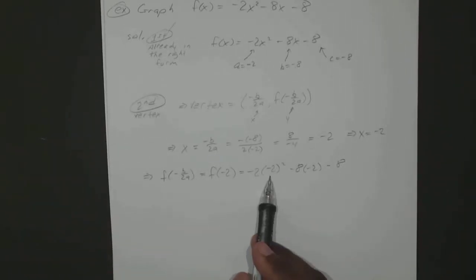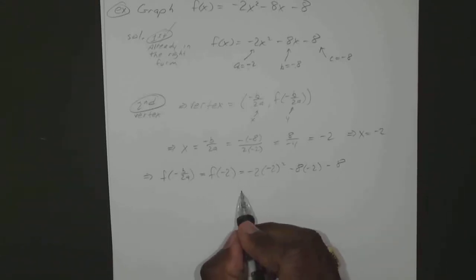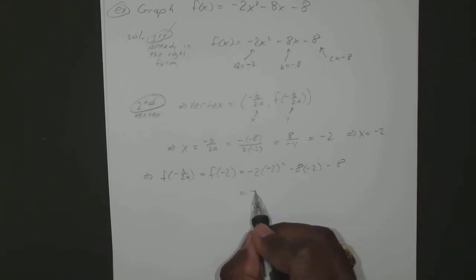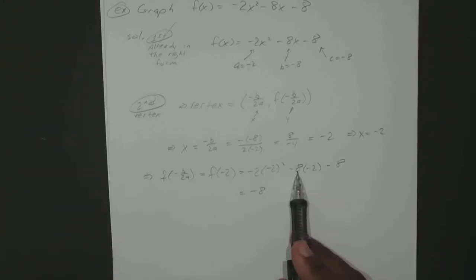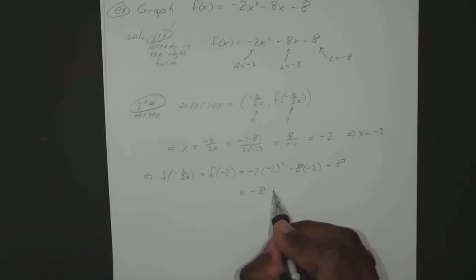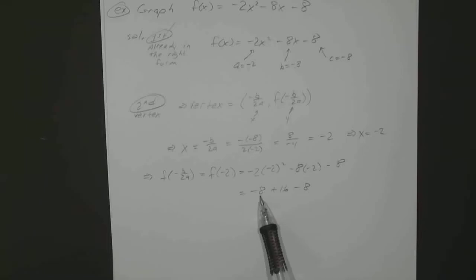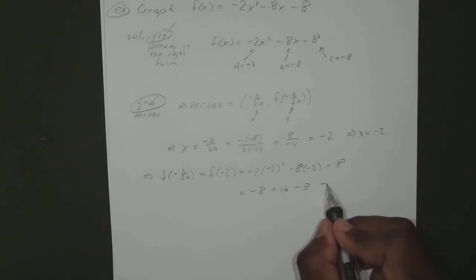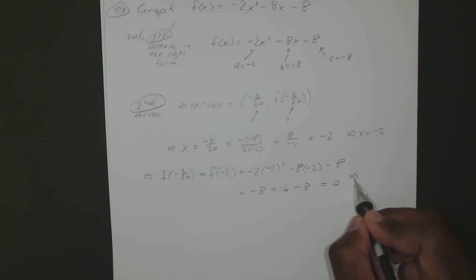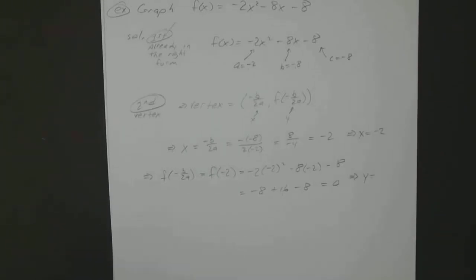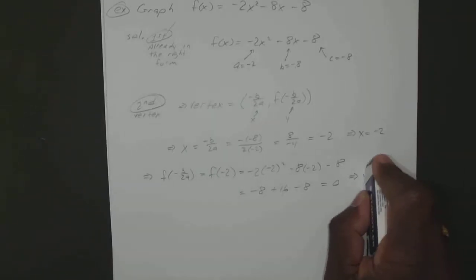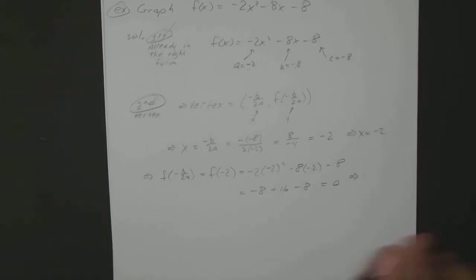So you have positive 4 times negative 2, that's negative 8. Negative 8 times negative 2 is positive 16 minus 8. So you have negative 8, and negative 8 is negative 16, plus 16 is 0. So I guess you can say your f of x is equal to 0 instead of y.